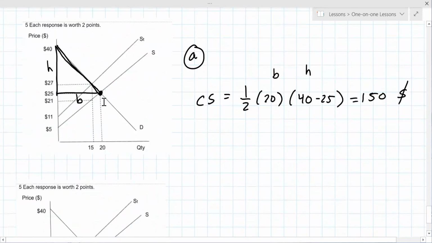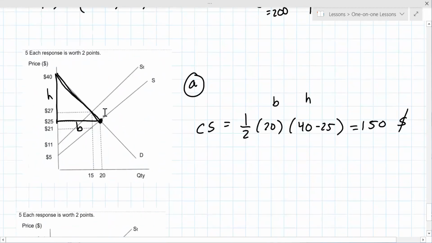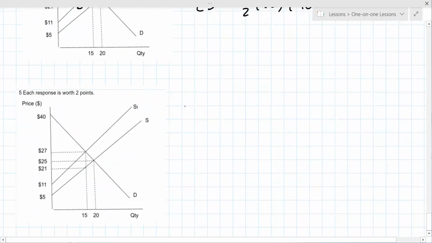What is producer surplus? Part B is producer surplus. You go to the equilibrium quantity before the tax, and it's this triangle down here. Here's the thing: it's not always a triangle. Sometimes they're curves, but they don't tell you that. If you take business calculus in college, you'll see this again. But it's just this bottom part.